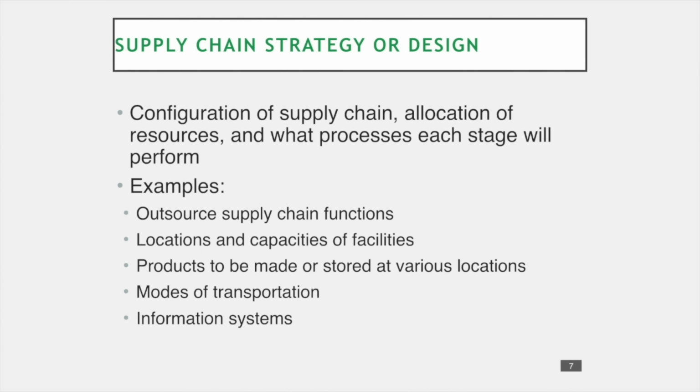What information system will be made use of? If you look at a supply chain which involves so many different partners, it is very, very important that information flows from one partner to another partner smoothly. And information systems play a very important role there.